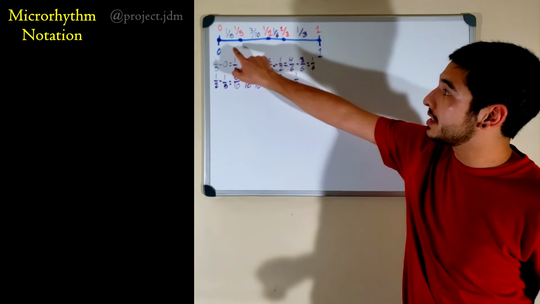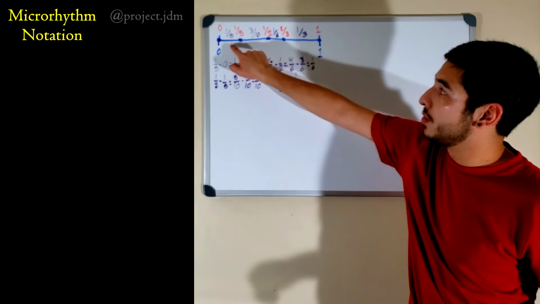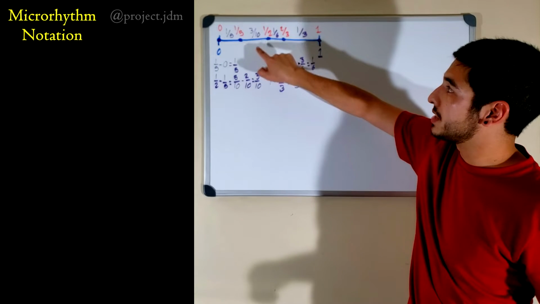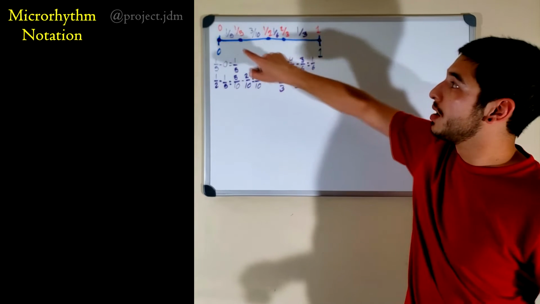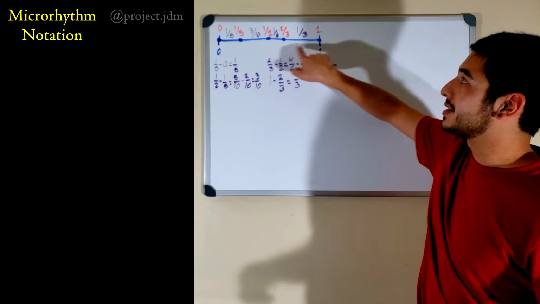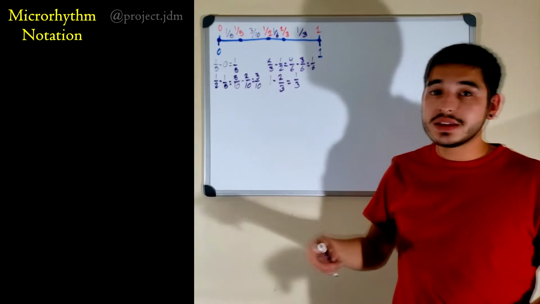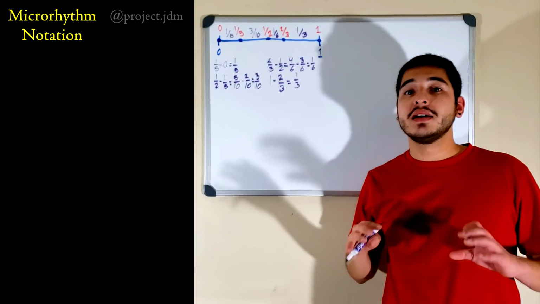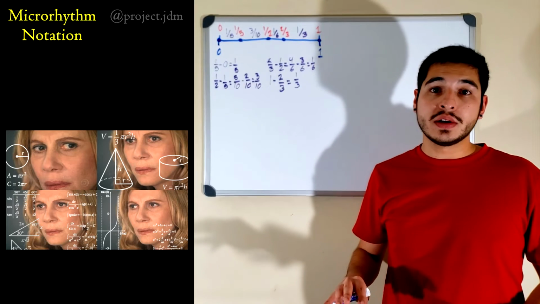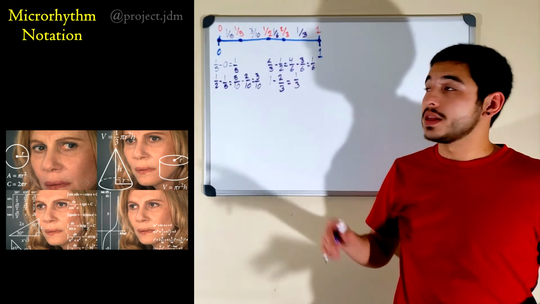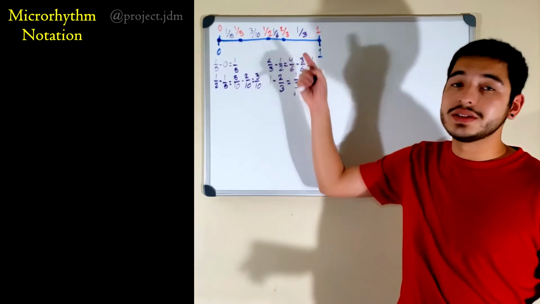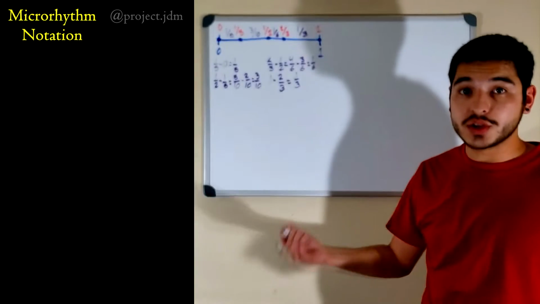So we can look at the denominators we have for 1, 1/5, 3/10, 1/6, and 1/3, which is 5, 10, 6, and 3. We can take these denominators and find the least common multiple. So this is the smallest number that all of these numbers go into evenly, which is 30.